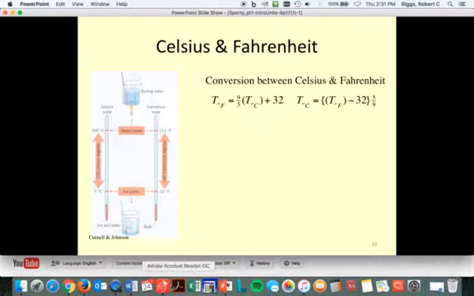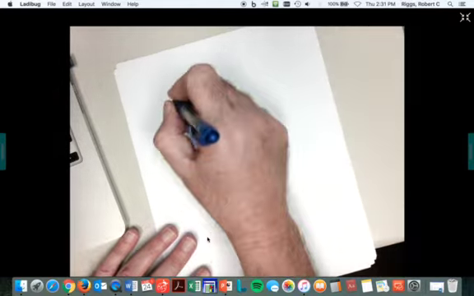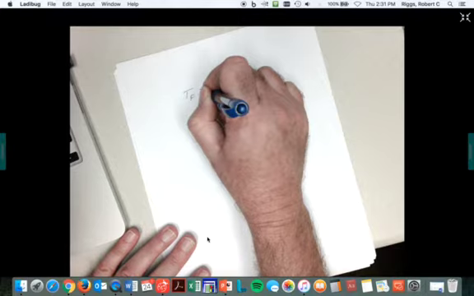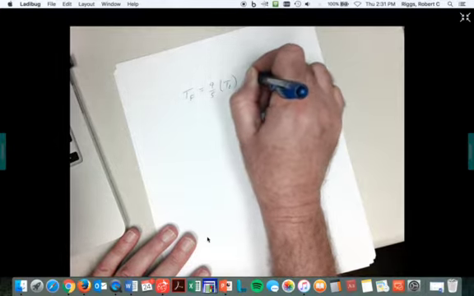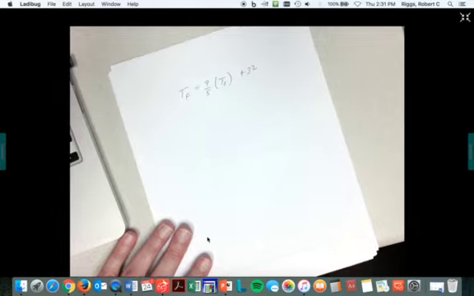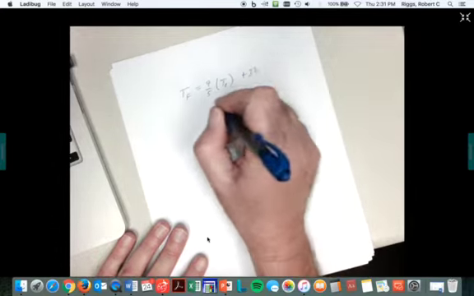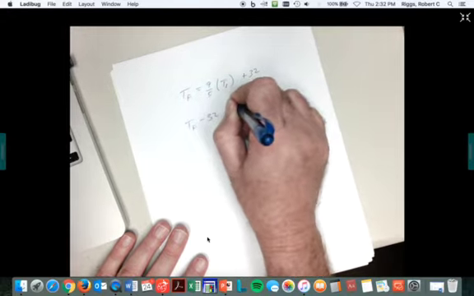Why is that? Here's why. Real quick, a little dirty algebra. If you're going to Fahrenheit from Celsius, you take 9/5 times the Celsius temperature plus 32. When I solve this for TC, what do I get? I take TF minus 32 equals 9/5 times TC.